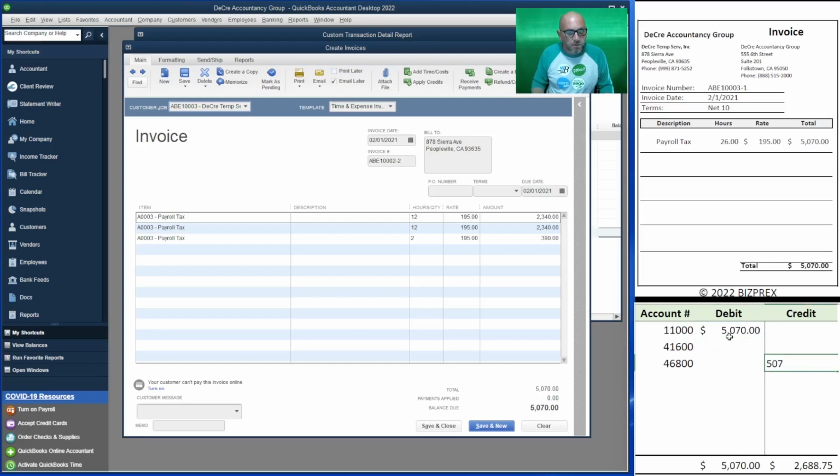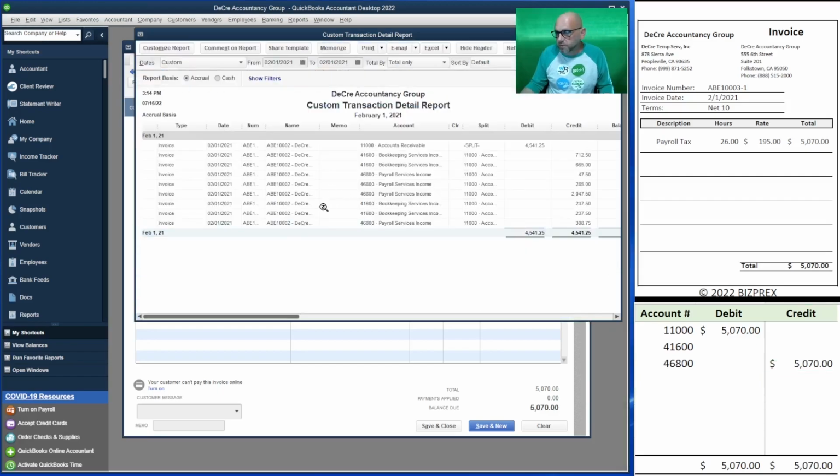and if you remember, and here we can cheat it right here, 46,800 payroll services income, 46,800 payroll services income. That's a revenue account, and revenues go up when credited, right?